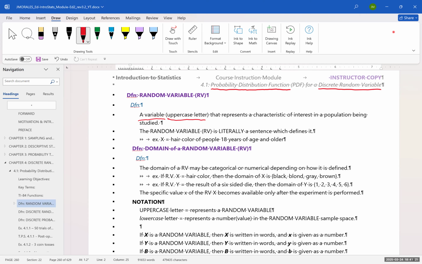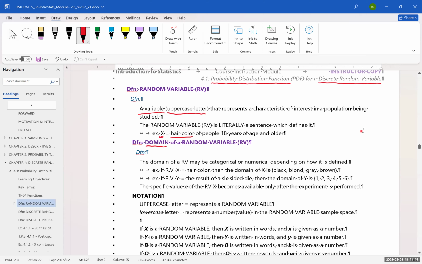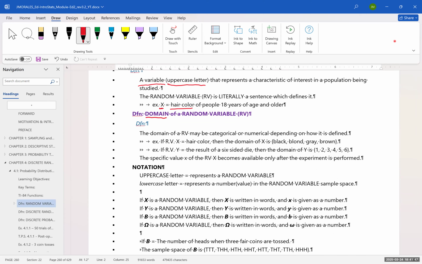So for example, we could define our random variable, capital letter X, to be hair color of people 18 years of age and older. So once you've defined a random variable, what is the domain of a random variable? The domain of a random variable may be categorical or numerical, depending on how it's defined.